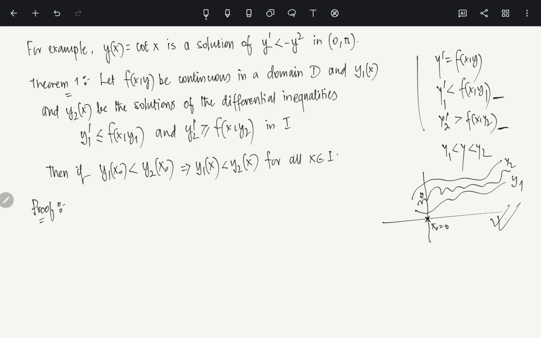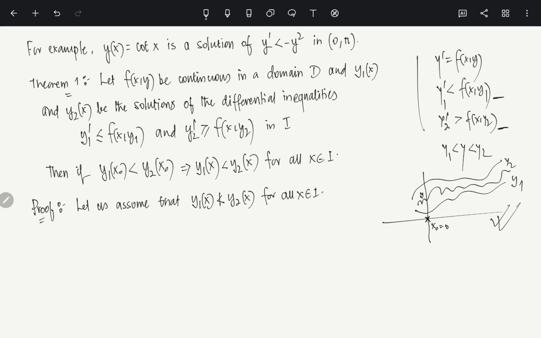Okay, this is the proof. So let's say that this is not true. Yes. So let us assume that y1 of x is not dominated by y2 of x for all x in I. What does it mean?